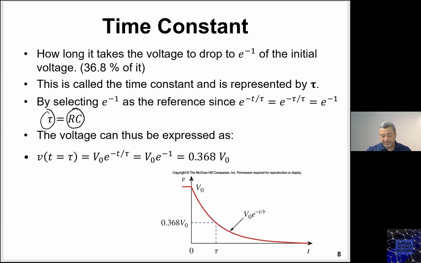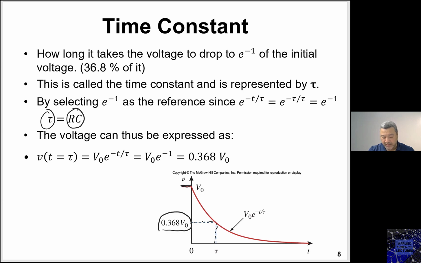So in other words, if this is my V naught, find the 36.8% of this V naught here on my scale.